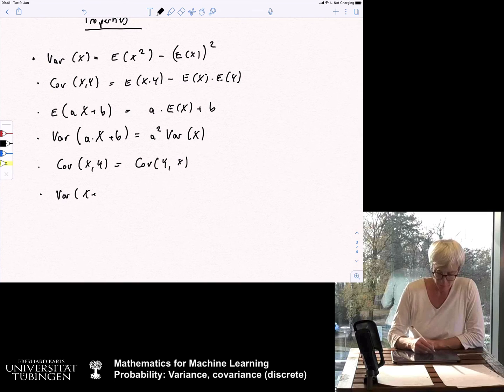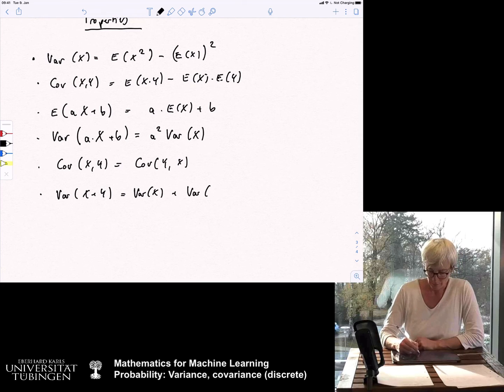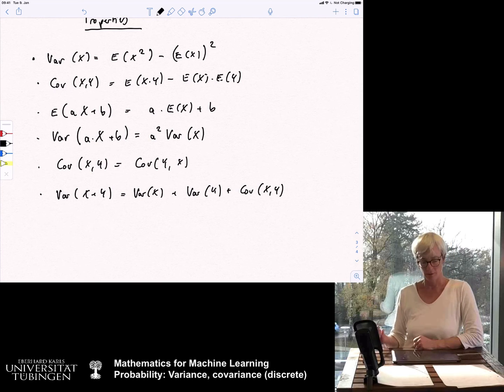What else? The variance of x plus y is, I write it down, the variance of x plus the variance of y plus the covariance of x and y. And here you see again, if x and y are independent, the covariance is 0.